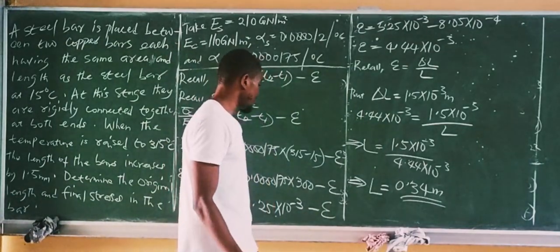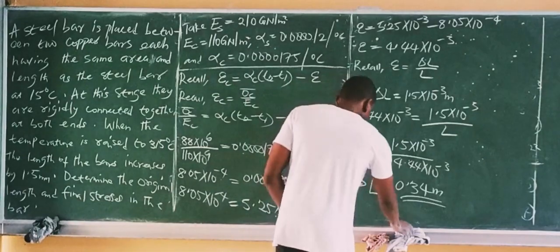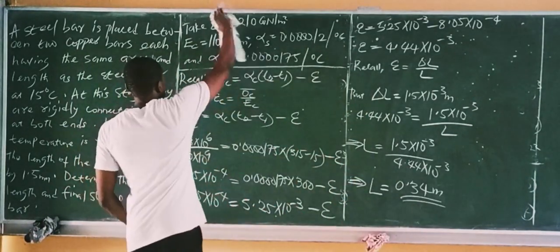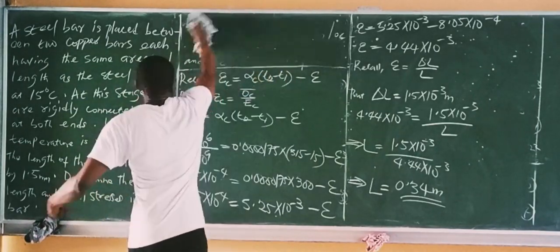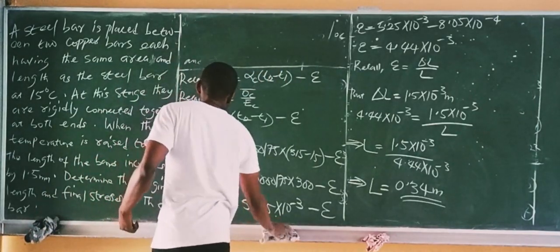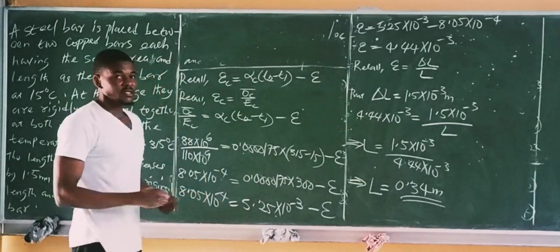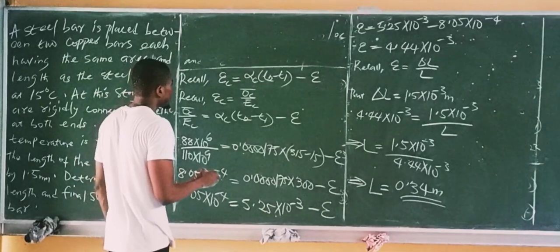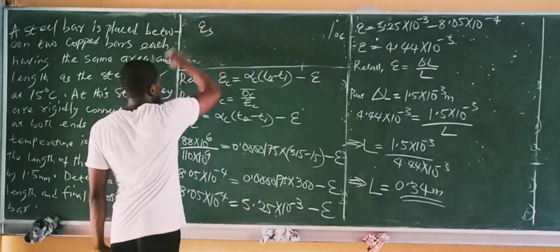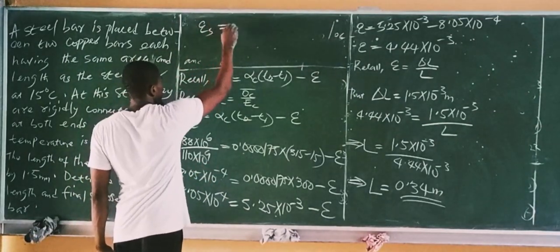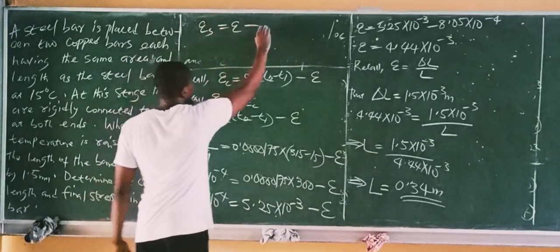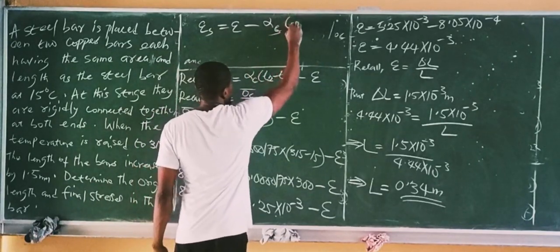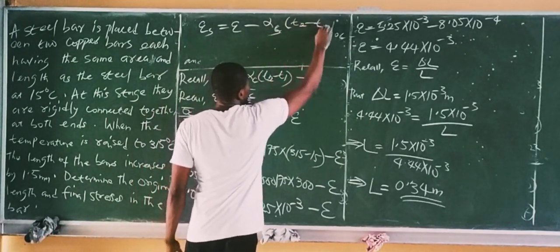You can also try the second method. From what I explained in the previous video, for the material with the lower thermal expansivity, which is steel, the strain is equal to the common strain minus the thermal expansivity of steel times the change in temperature, T2 minus T1.